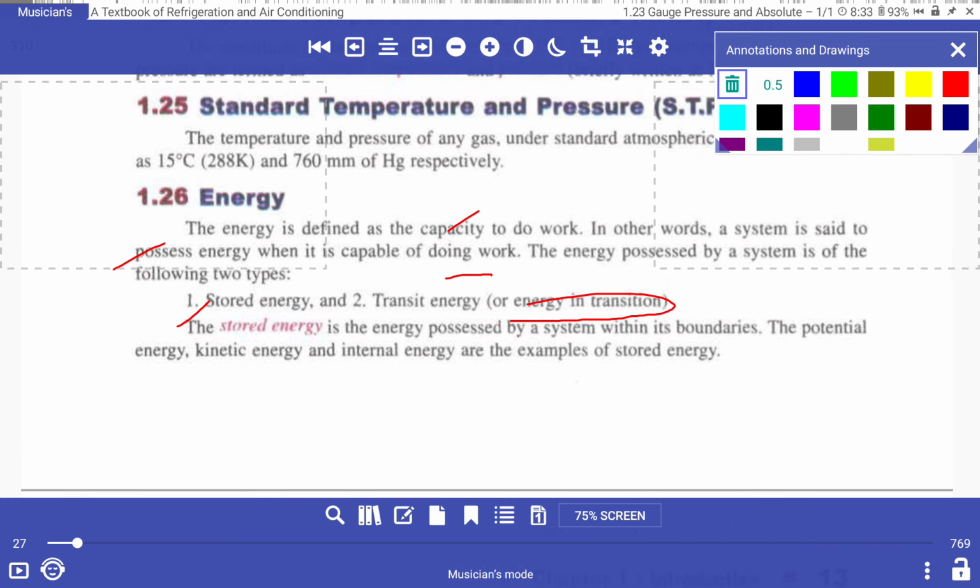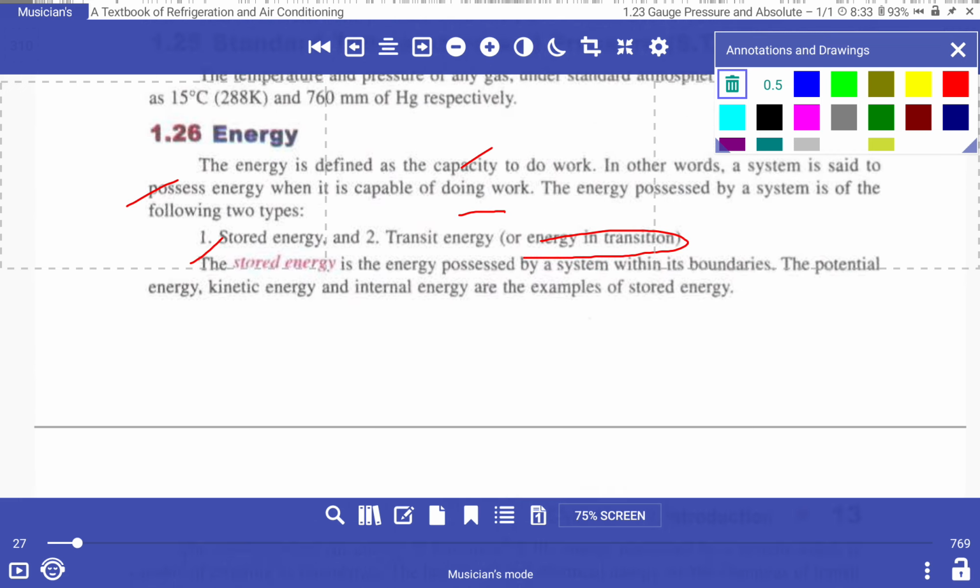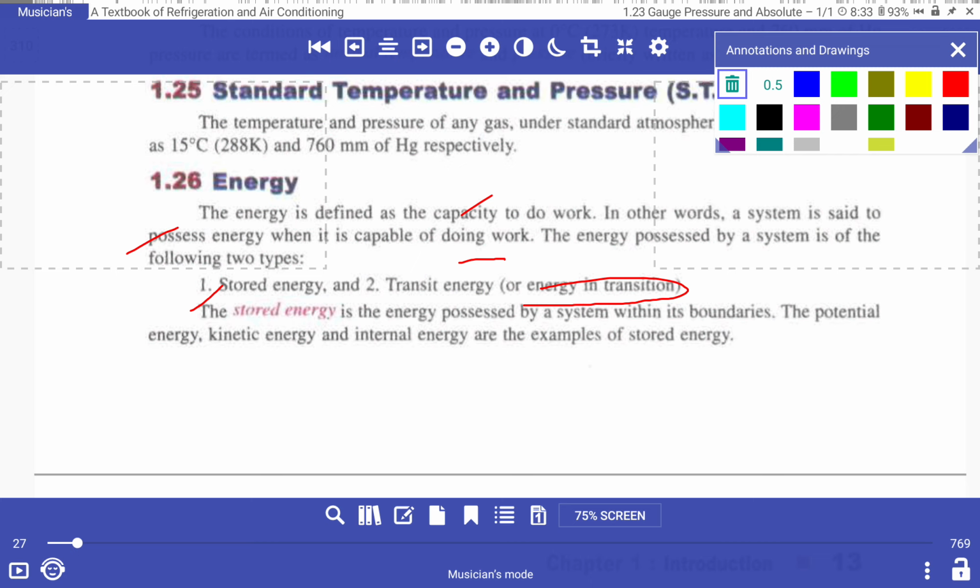Okay, we have two types of energy, stored and transit. The examples of stored energy are potential energy, kinetic energy, and the internal energy. Okay, let's continue.